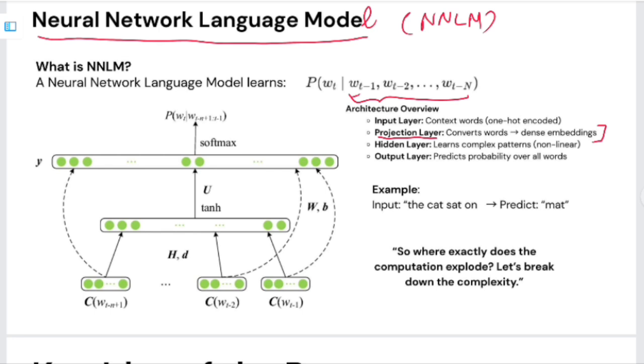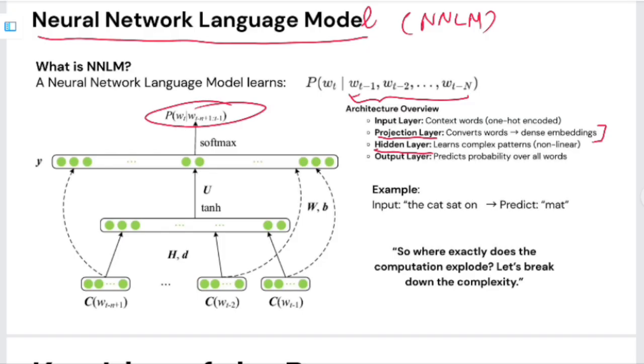Next, these embeddings are combined and passed through a hidden layer, which introduces non-linearity and allows the model to learn complex patterns. And finally, the model outputs a probability distribution over all the possible words in the vocabulary.